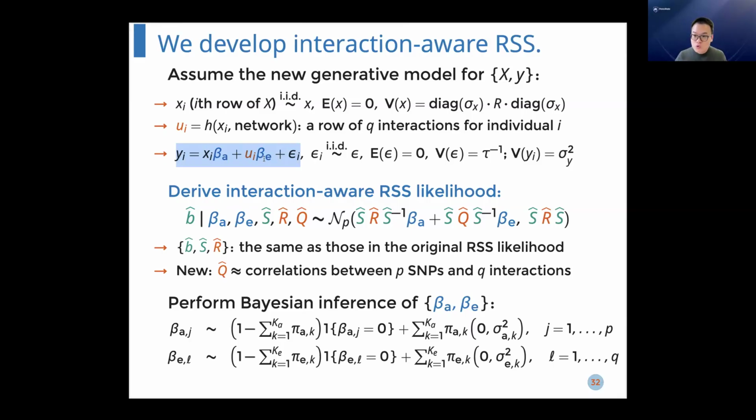Under this new generative model, we can use essentially the same proof argument I presented earlier to derive a new interaction-aware RSS likelihood. You can see we still have this part showing up for the additive effect, and then this is the only new component. But this new component allows us to estimate this interaction effect.